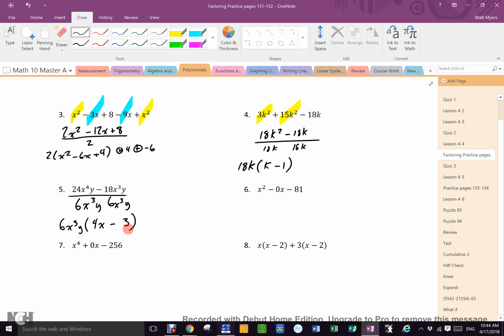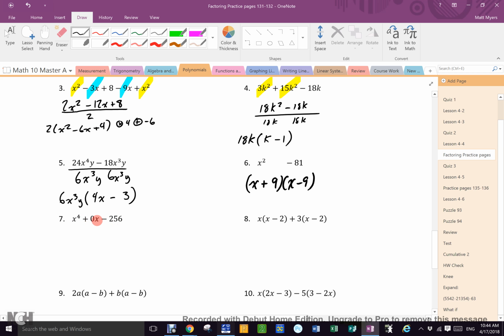Okay. In number 6, should that 0 be there? It's only there for math class. So what this really is that, right? And we know that we take the square root of the first one. What's the square root of x to the fourth? X squared. X squared plus 9, x squared minus 9.